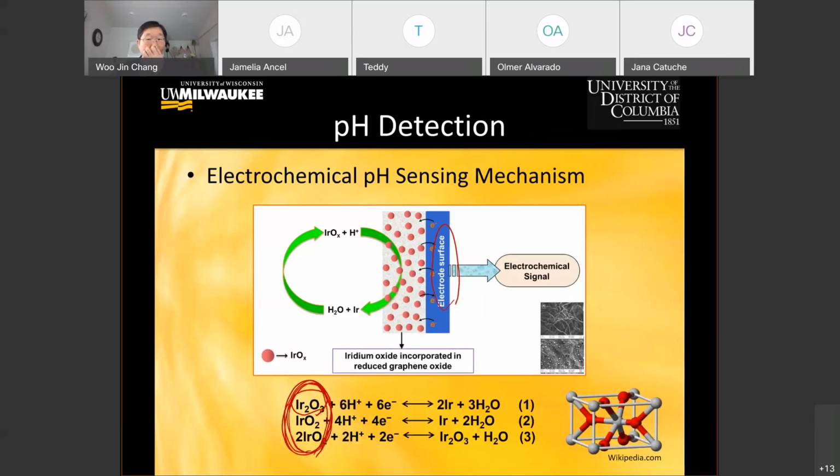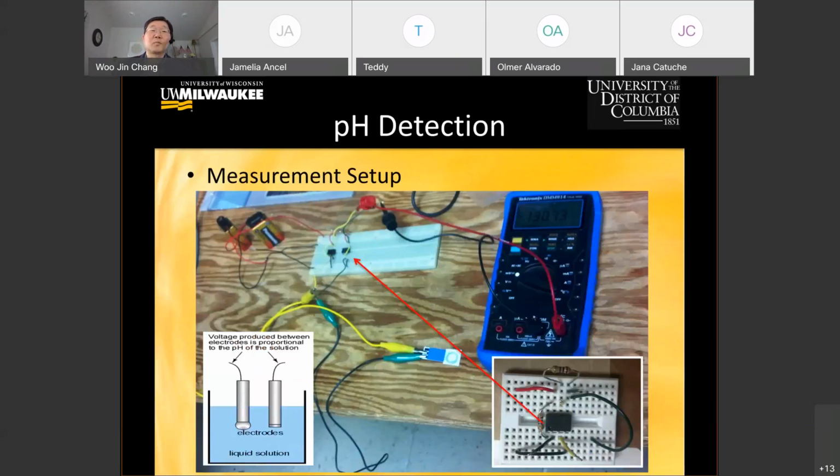And in this example, the pH is correlated to the potential of the surface. So I just need to measure the electrical potential of the surface. A simple multimeter can be used to detect this potential.